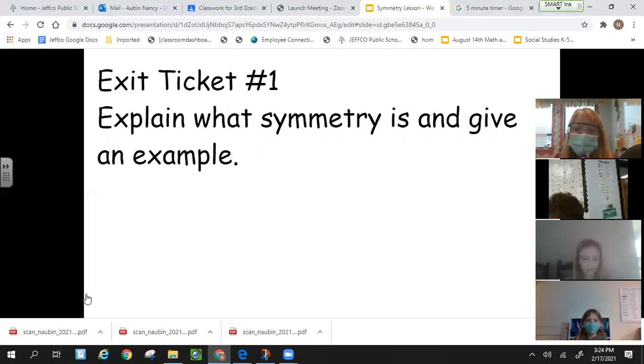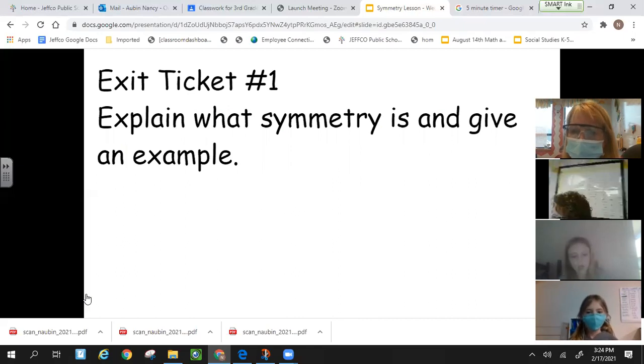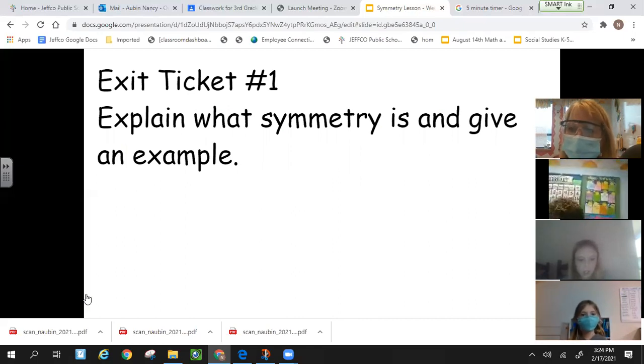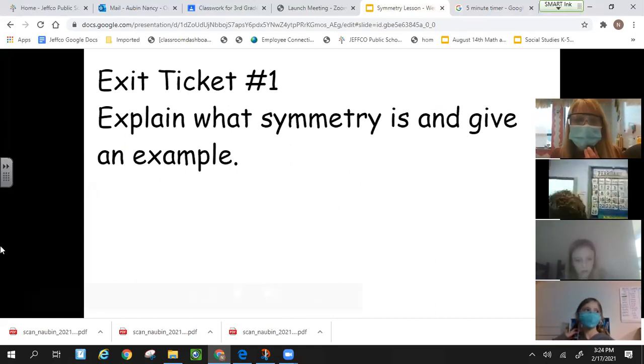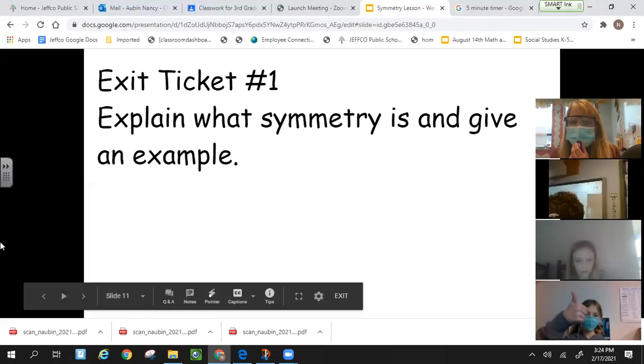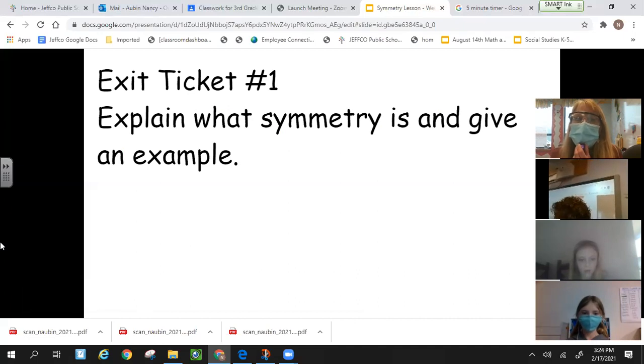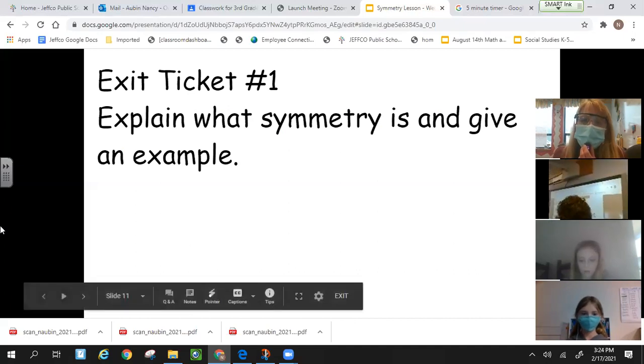Explain what symmetry is and give an example. Now, if you are remote, please do this. I don't want you to not have any scores, right? So please find it on our assignment. And if it's spelled up here, how should it be spelled on your paper? The same way. So look how symmetry is spelled.